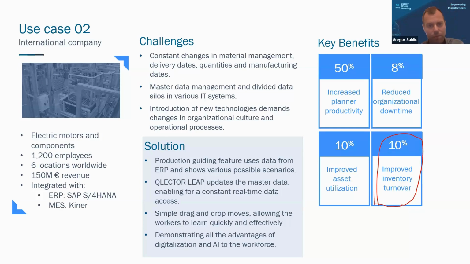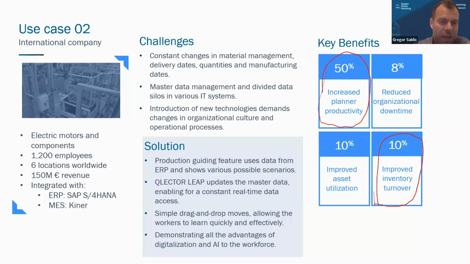So the promise time to the customer, which is always good, because you never know how everything is going to look in dynamic production. They also increased planner productivity by 50%.